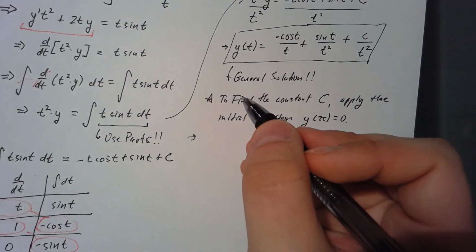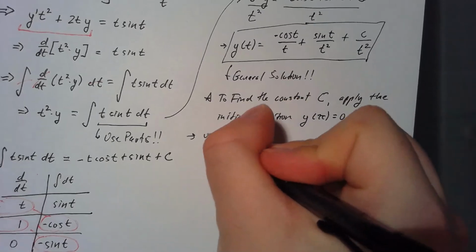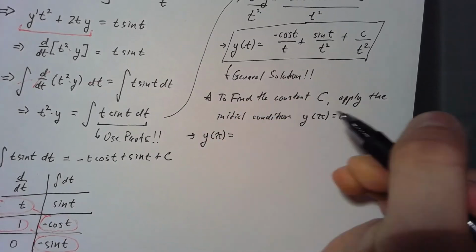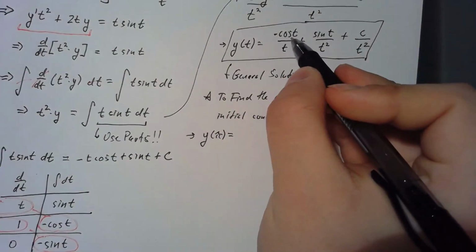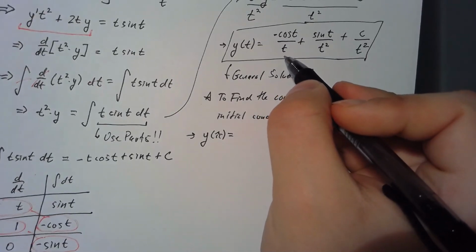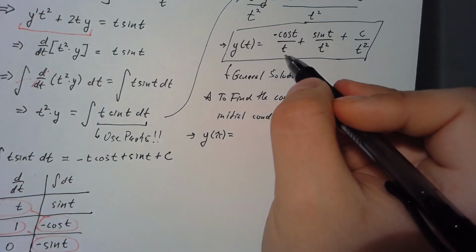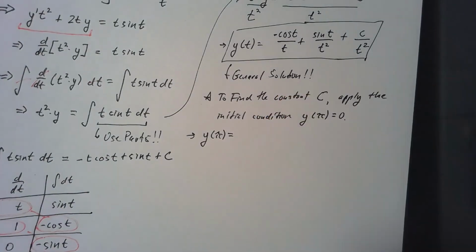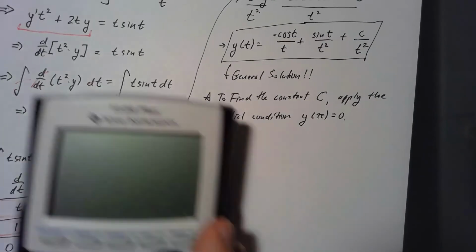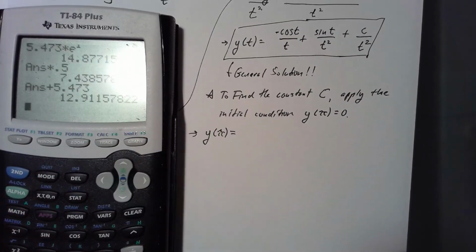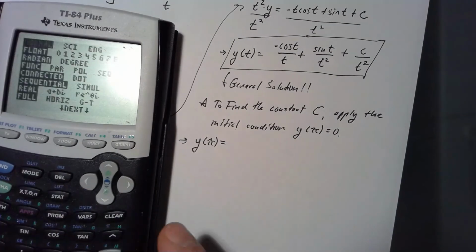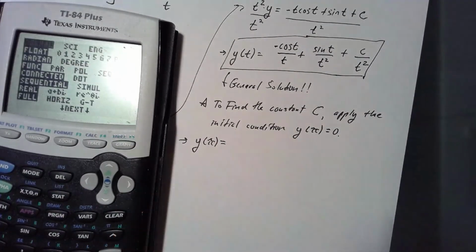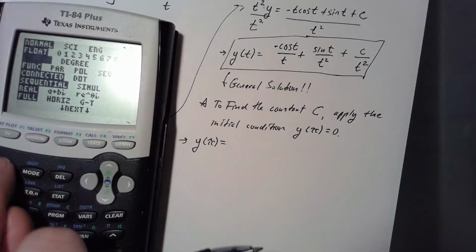All right. So when I plug in pi, I'm going to have y as a function of pi. So I'm going to have negative cosine of pi over pi. Well, what's cosine of pi? Here's your calculator, right? Make sure it's in radians, which it is.